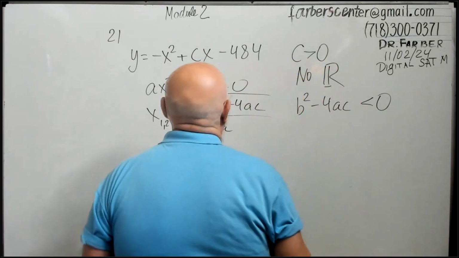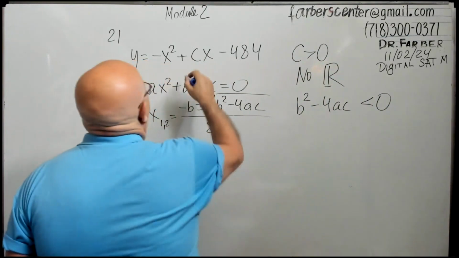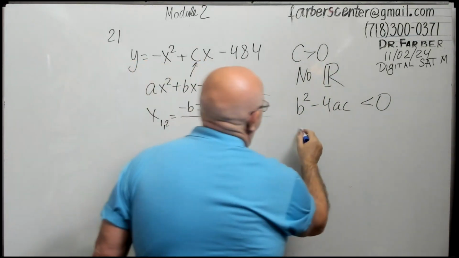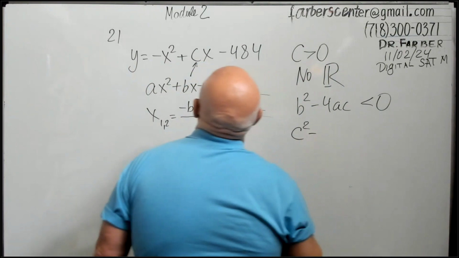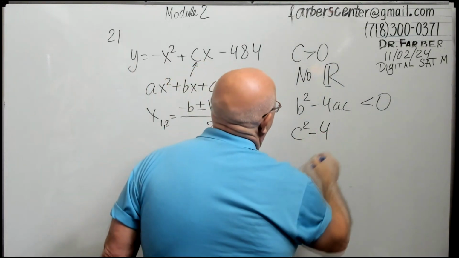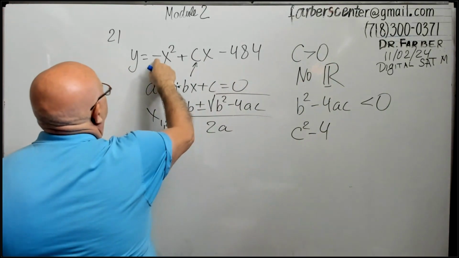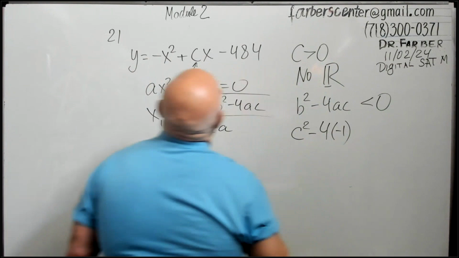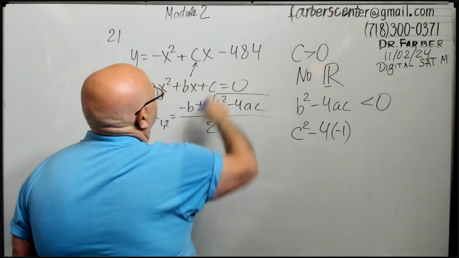Now let's find this. What is b? b is c, they confuse you with this c. So c squared minus 4, a is negative 1, and c is negative 484.